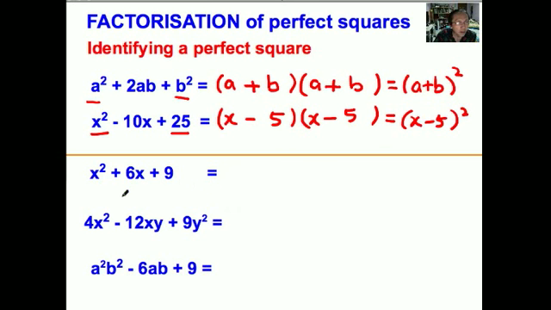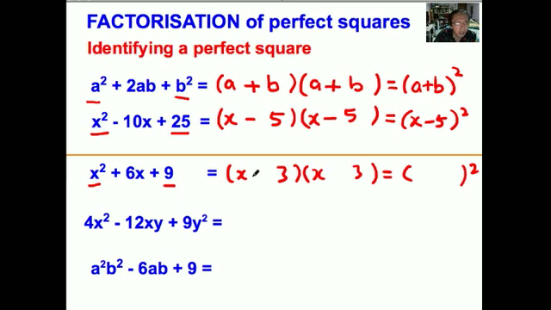We'll now take a look at further examples. Again, we always look at the first and the last term. The first term is x times x, and the last term is 3 times 3.